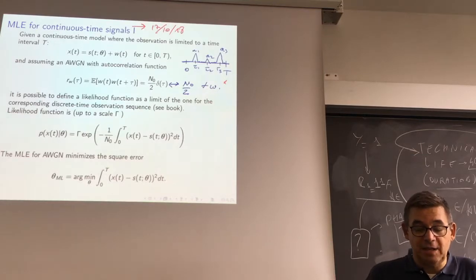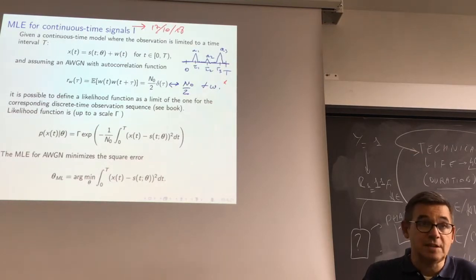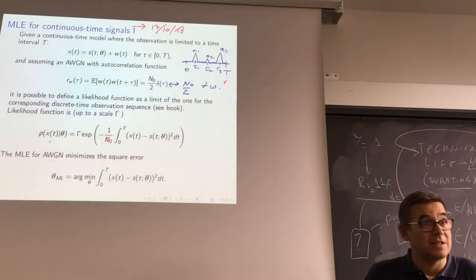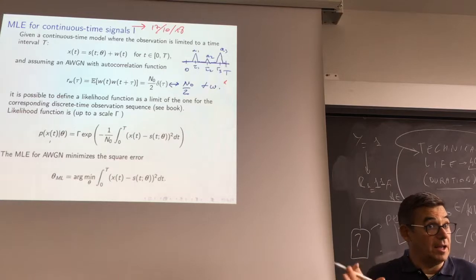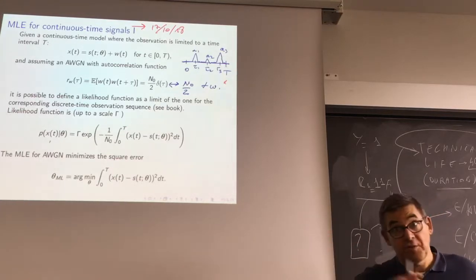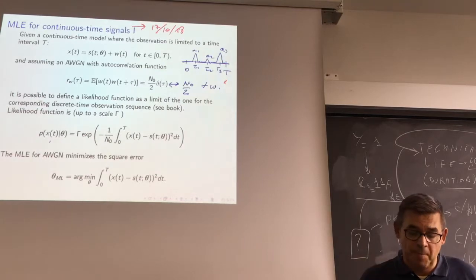Now, if we do it in this way, which is on the next page, then the probability density function of the observation, depending on the parameter, we will prove, is simply the exponential of minus 1 over N0. Remember, N0 divided by 2 is the power spectral density, for the frequency ranging from minus infinity to plus infinity.